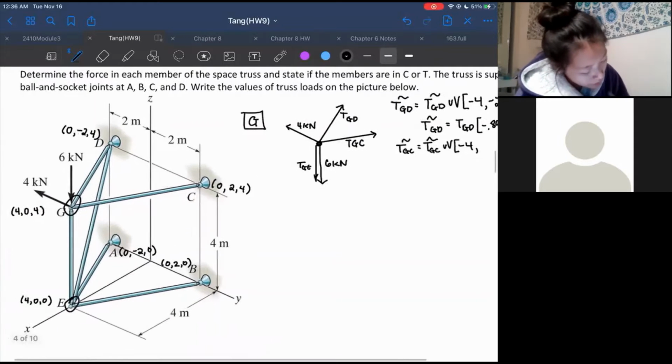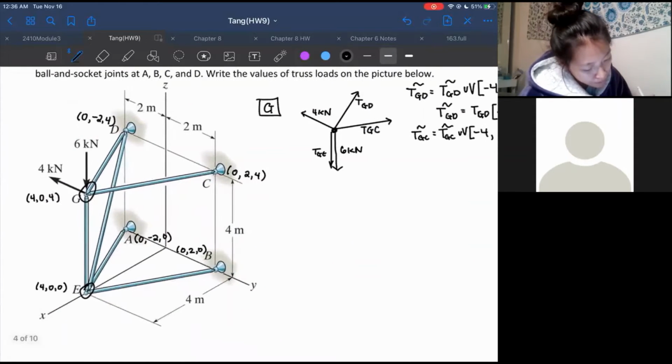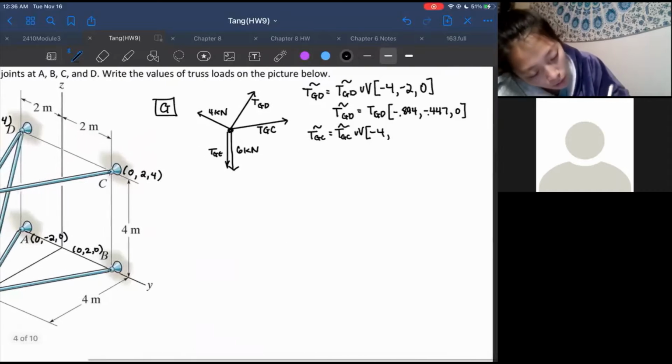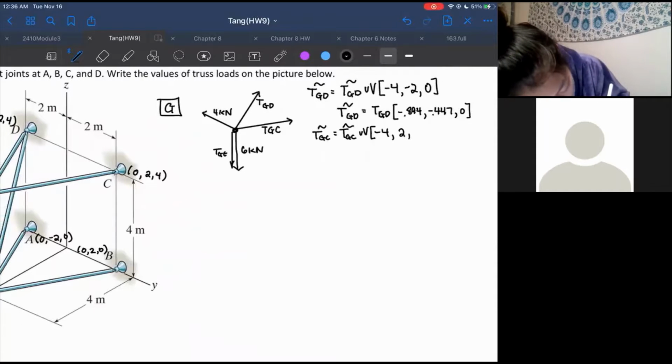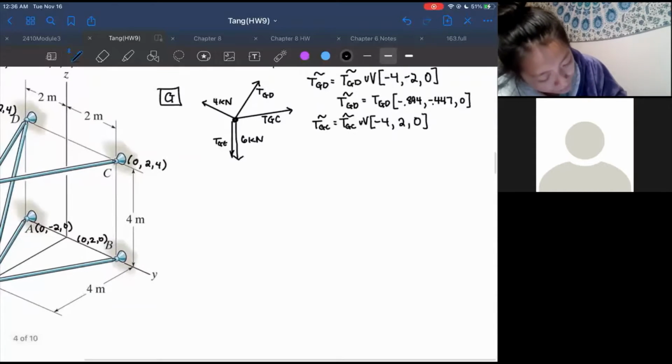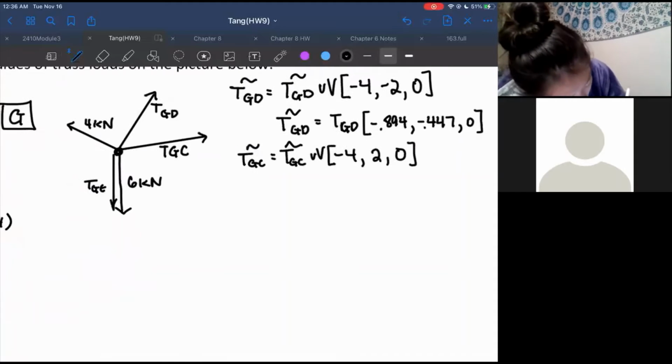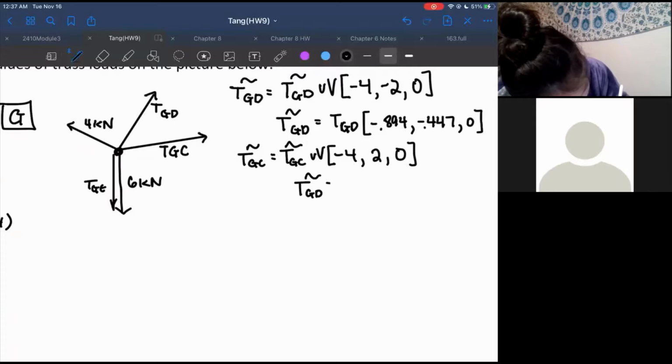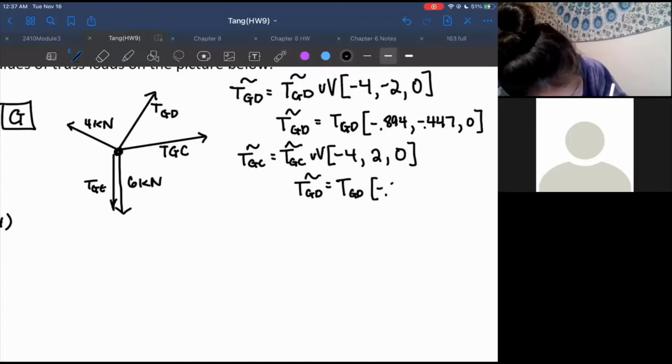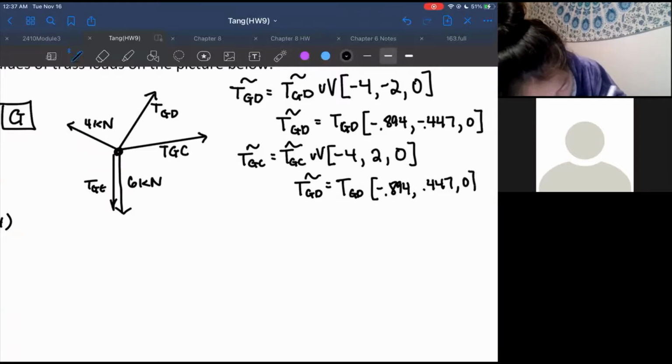Then it'll be 2 minus 0, which is just 2, and then 0. And then you find the unit vector, which will be negative 0.894, positive 0.447, and 0.